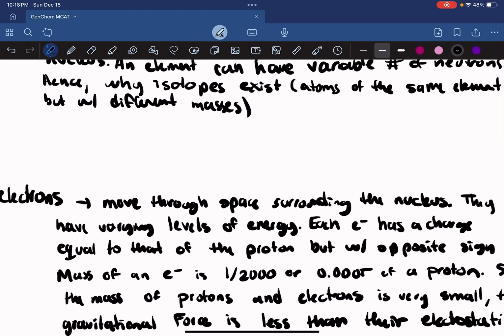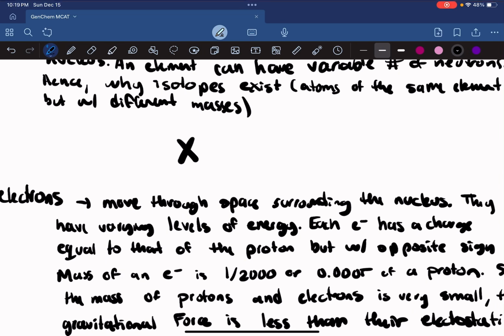So the general notation for isotopes would be X, which is the element, and it could be carbon, oxygen, bromine, chlorine, or any other element in the periodic table. Then on the top left corner, you would write the atomic mass of that element or isotope. In this case, if you have carbon 12, which is the isotope of carbon, you would write 12 in the upper left corner.